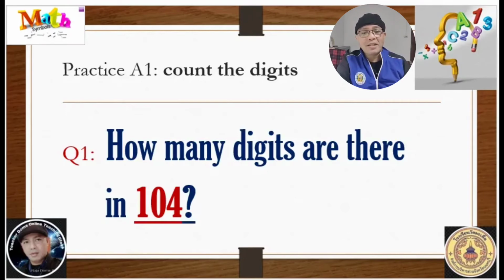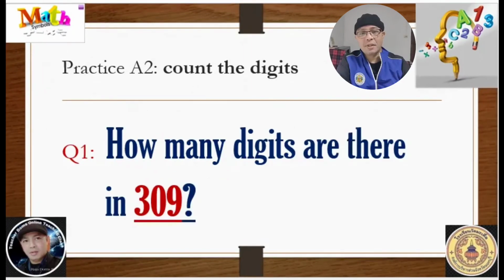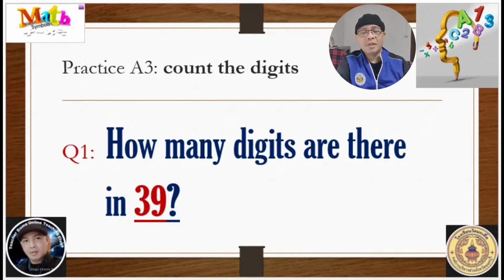How many digits are there in 104? It's 3 digits. Practice A2. Count the digits. How many digits are there in 309? It's 3 digits. Practice A3.